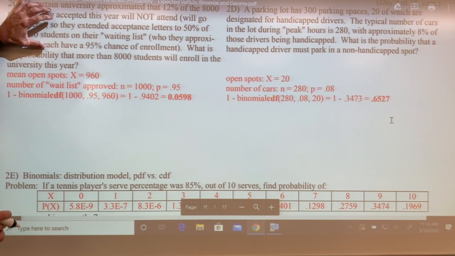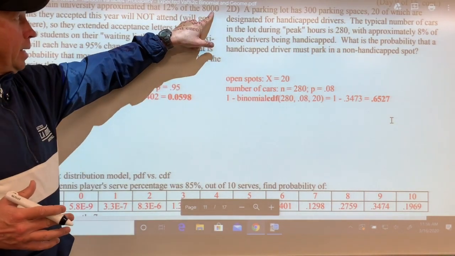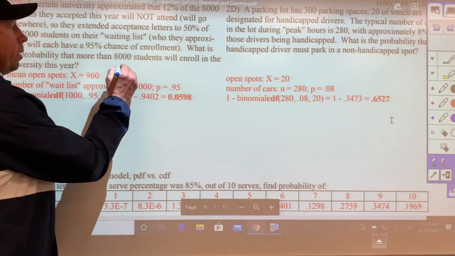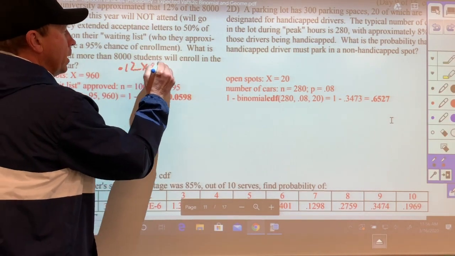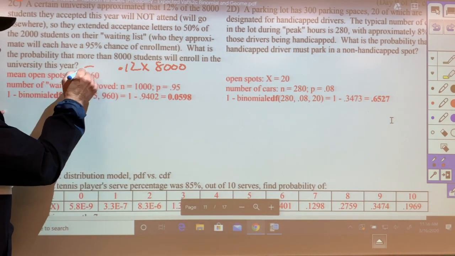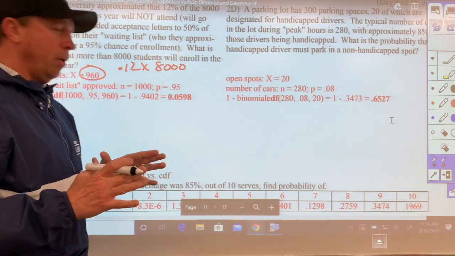This problem is actually, there's a lot to it here, okay? First of all, let's figure out, they're not going to go over 8,000. So 12% of 8,000, if you multiply 0.12 times 8,000, you're going to get 960. So that's the number of open spots we are dealing with, okay?